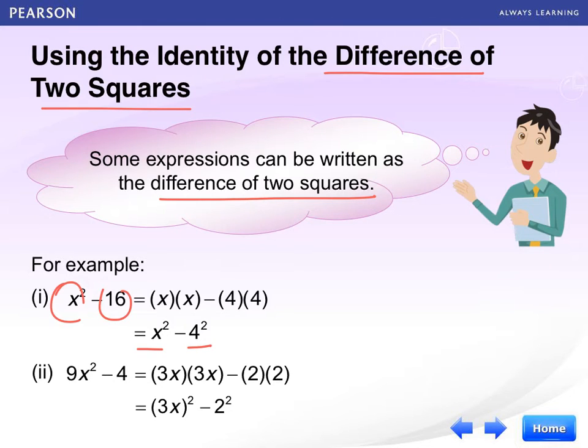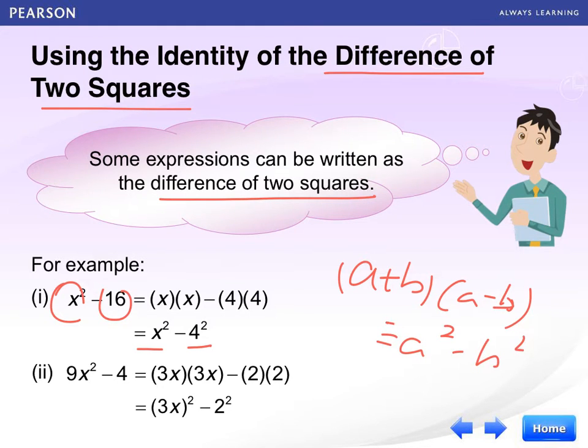When a plus b times a minus b equals a squared minus b squared, it is the whole a that is squared, that means everything in a must be squared. So when I write 9x squared, the square only controls the x only. So we need to do something such that it is a square of the whole.